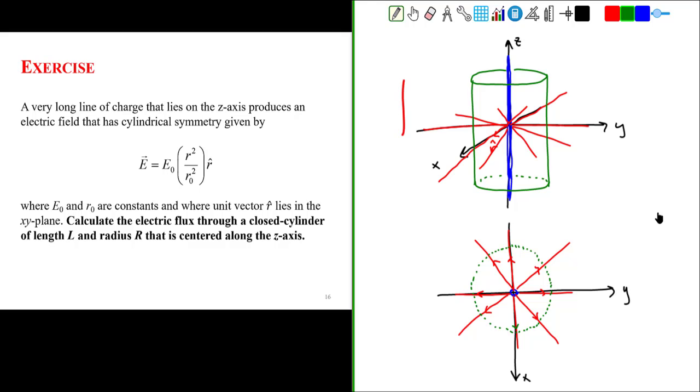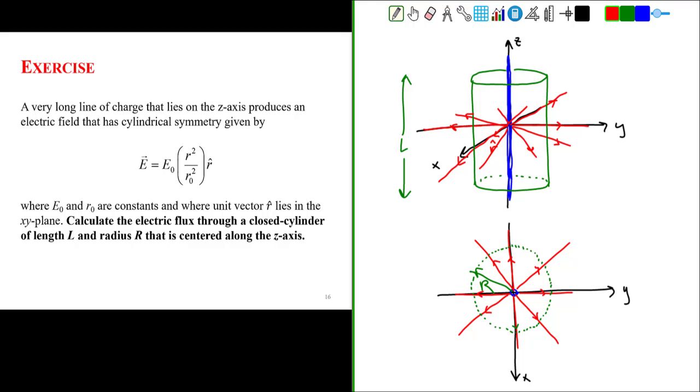This cylinder is of length L, and it is of radius R. Notice the electric field lines cross the cylinder. And because it crosses the cylinder, we know that there is electric flux.